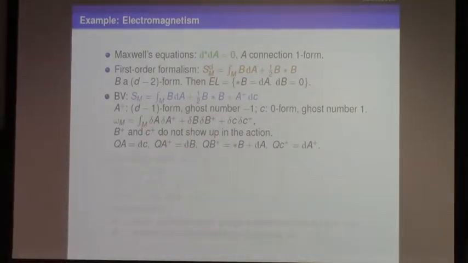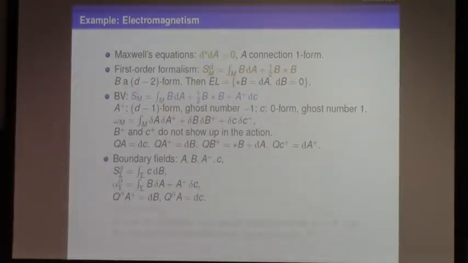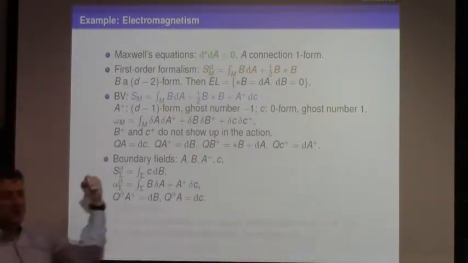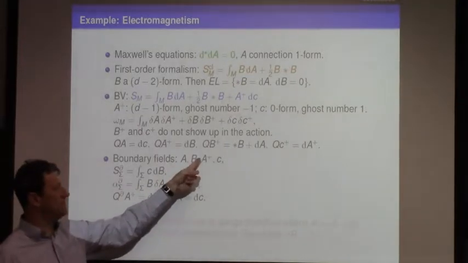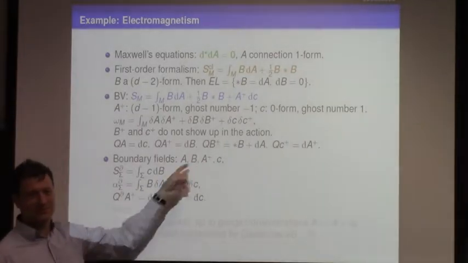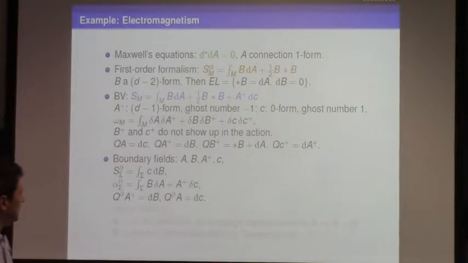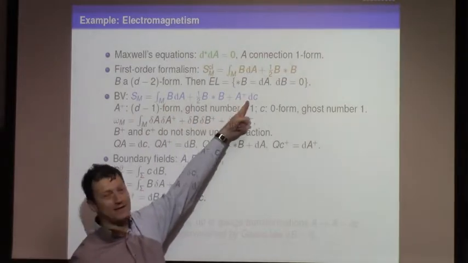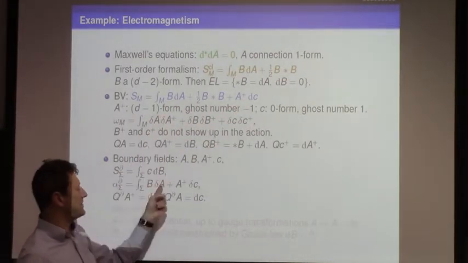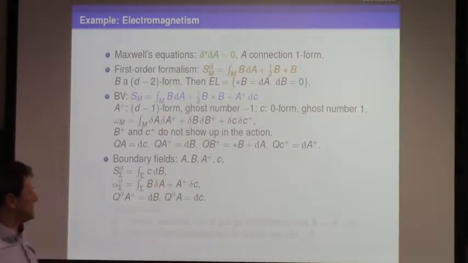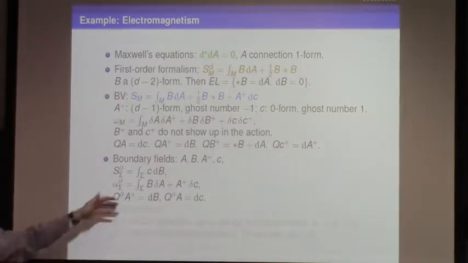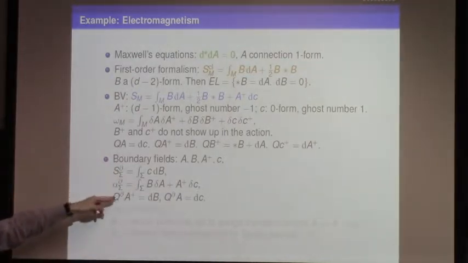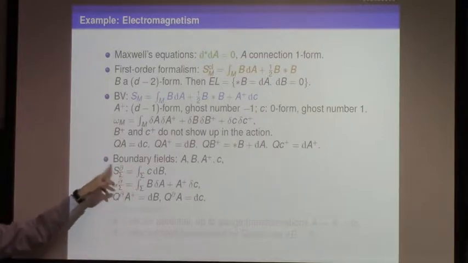It turns out that after you do the reduction, the only fields that you see on the boundary are the restrictions of the fields A, B, A plus, and C. So these are the coordinates of the space F boundary. And the one form on the boundary is essentially what you get from here, just replacing the de Rham differential with the variational differential. You can also compute Q on the boundary.